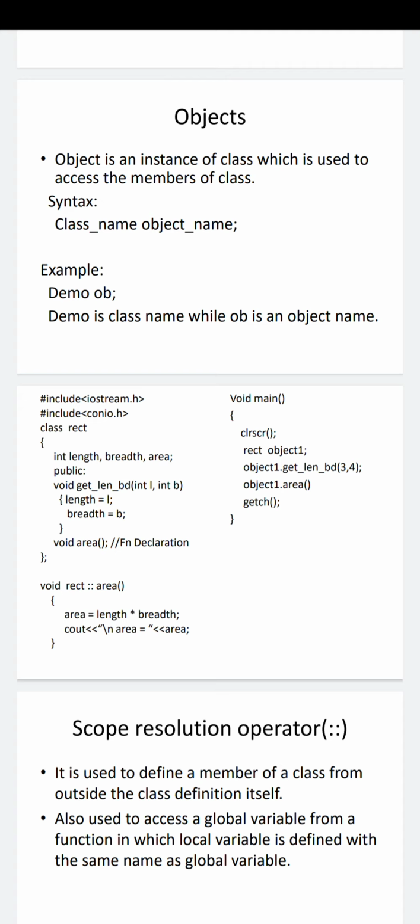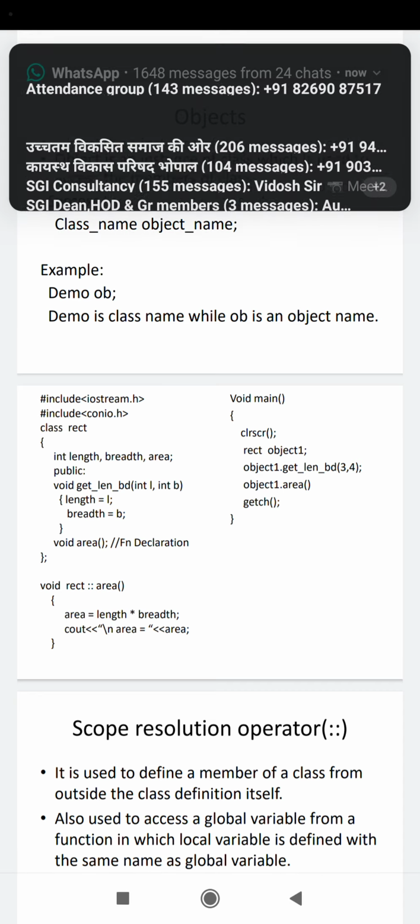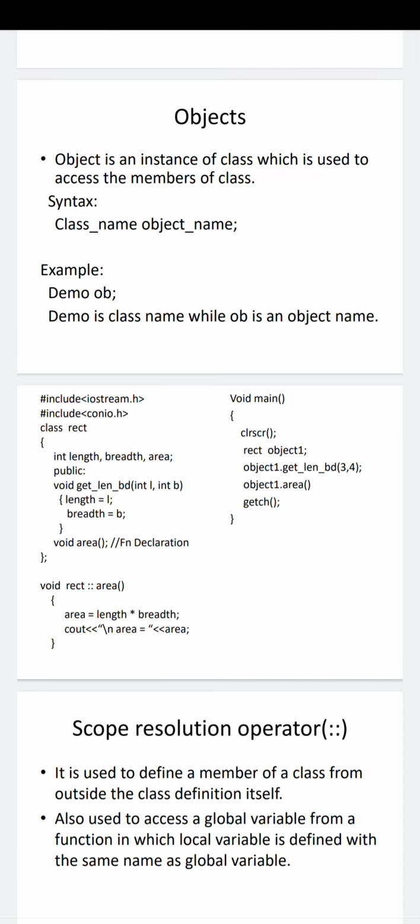So now here we have declared one class rectangle. You can see the keyword class, then space, and then the name of the class is RECT. Bracket open, in the last bracket close and semicolon, which is the syntax of the class, as we have already discussed. Now here we have declared three variables, length, breadth and area of type integer.